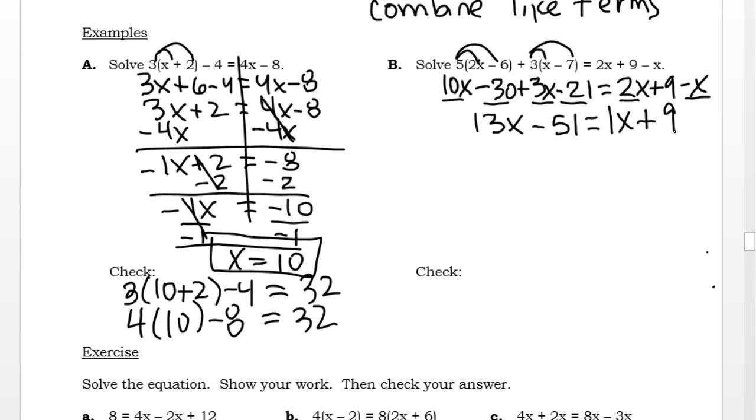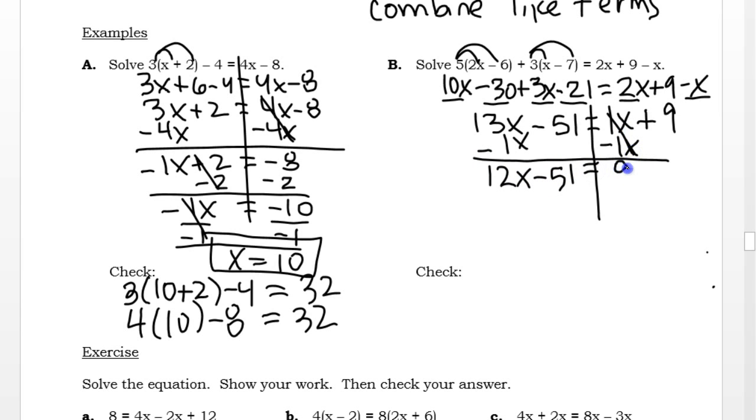So my distributive property and my combined like terms were the 2 steps on top of what I've already done. We did practice those in chapter 1, so it shouldn't be very new. But now that I have that set up, I have my multi-step equation that I'm going to solve. I'll bring the x's to the left side of the equation. That's minus 1x from each side. And then that gives me 12x on the left.